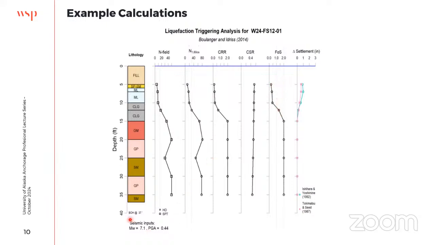Using the inputs from our magnitude 7.1 earthquake and the PGA that was measured at that site, because the site is actually instrumented, we can estimate whether or not we have liquefaction, and lo and behold, the method works, right? We knew the answer already, and the method works to give you that same result. So that's really good.